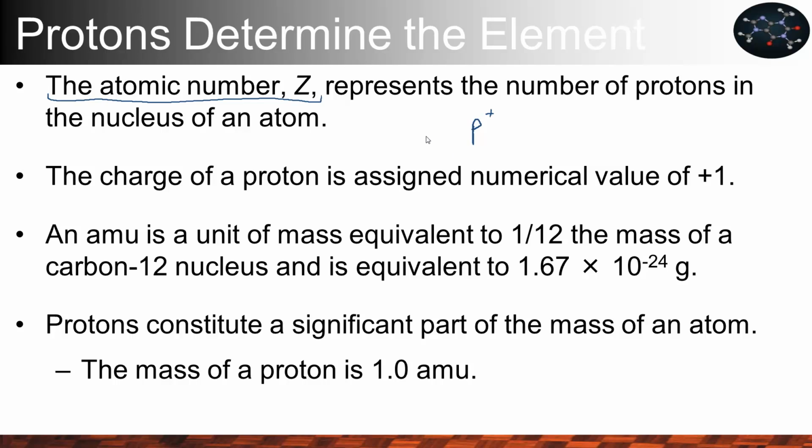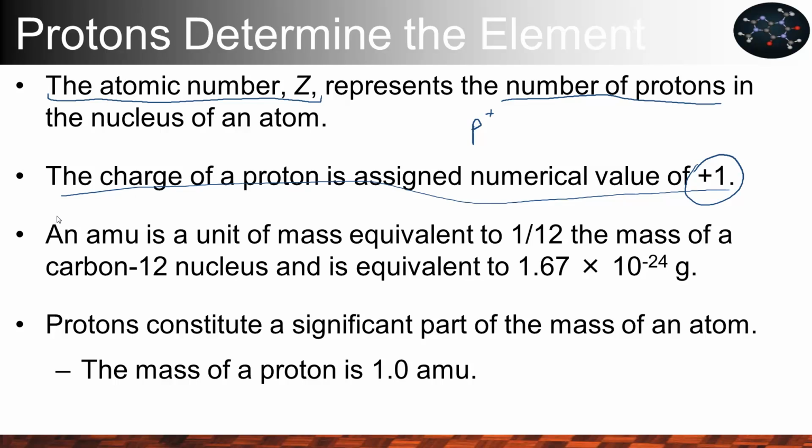We refer to that with the variable Z. Now what this represents for a particular atom specifically is the number of protons that you would find in the nucleus of that atom. Now each of these protons is positive. That's why we have the little superscript positive sign above the proton. And we give each of those a numerical value of a +1 charge. That's what they're defined as.